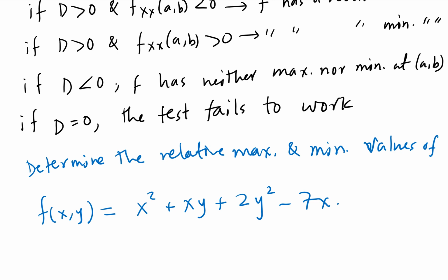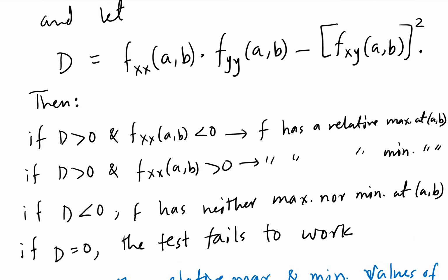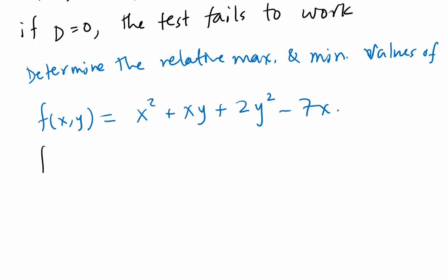Again, if you look at the D-test, they need f sub xx, f sub yy, f sub xy. So let's start with those. To find f sub xy, remember we find f sub x first, which is 2x plus y minus 7. Then f sub xy is going to be the derivative of that. And we need to find f sub y as well, we're going to use it later on.